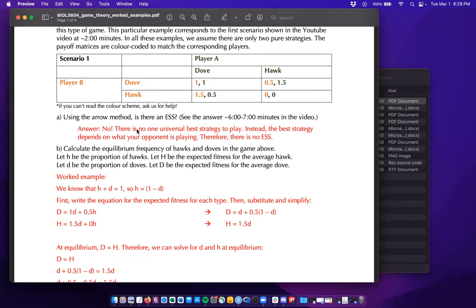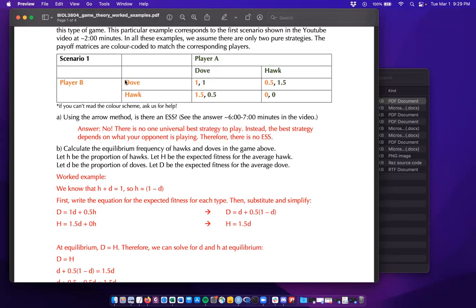So I'm going to look at the orange player. And I'm just going to say, okay, first I want to get the average fitness for playing Dove. So that's big D. And what I do is I get the payoffs for that strategy multiplied by the corresponding frequency of the opponent strategy.